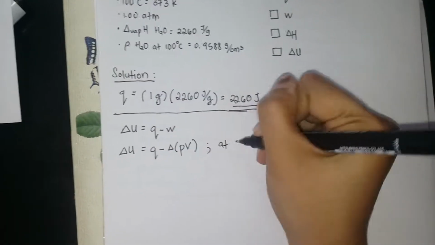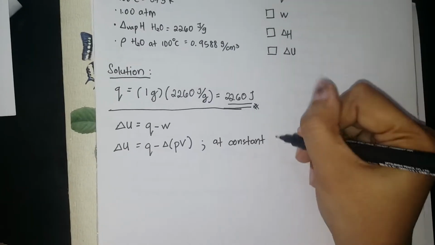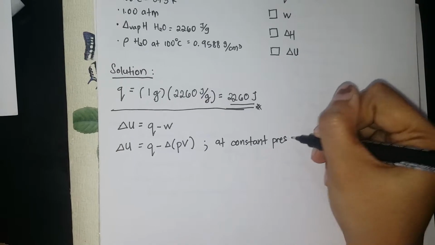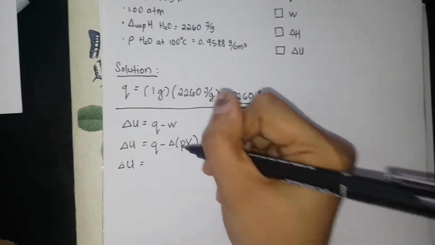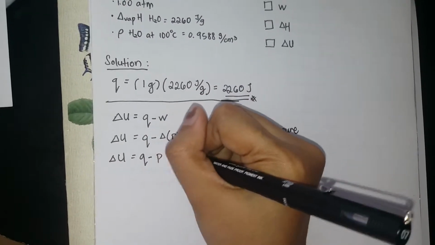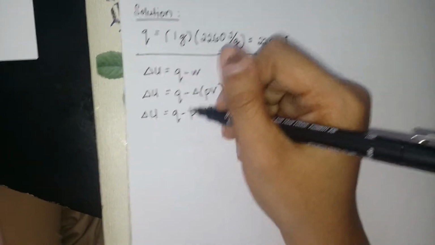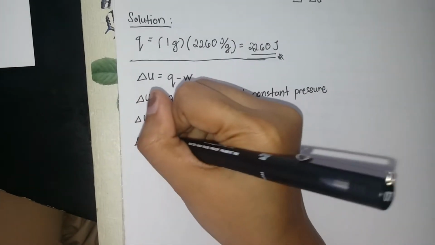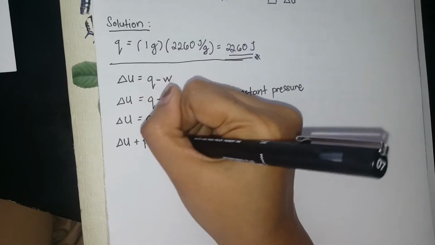Now at constant pressure, only the volume is the variable here. So this also can be written like this.